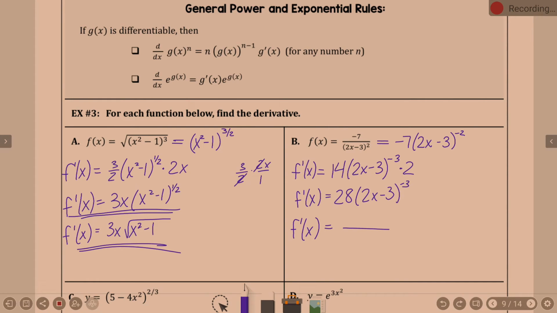So it was 2x minus 3 to the -3rd. We're going to make it 2x minus 3 to the +3rd in the denominator. 28 stays on top. We're taking all these derivative rules and algebra stuff we already know and just putting it all together.